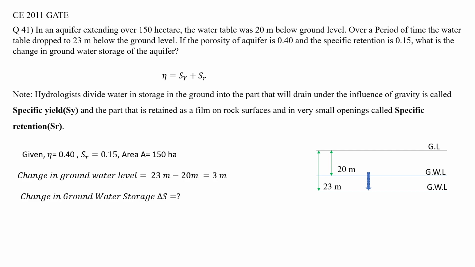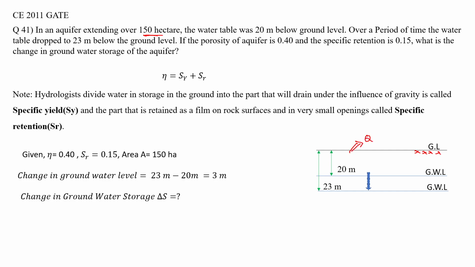In an aquifer extending over 150 hectares, this is the area, the water table was 20 meter below the ground level. Suppose this is the ground level, and the groundwater level is 20 meter below it.